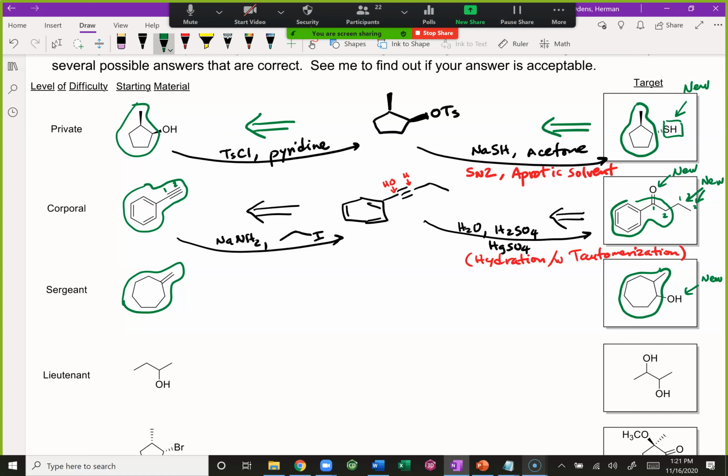All right. Check this out. This is a problem that I would start from the right, because if I see an alcohol there, I know that I can make that alcohol coming from an alkene, right? So 7-member ring.